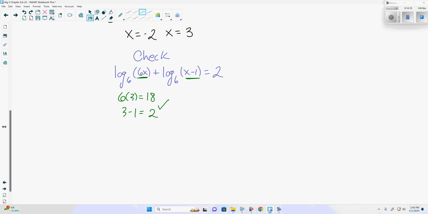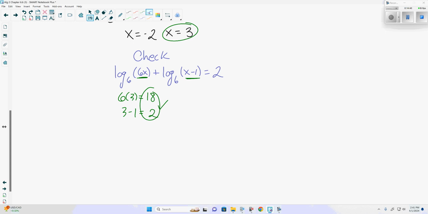Both of those are not 0 or negative, and they actually do work. Because here we did our steps correctly, so those should be our two solutions. This here is just verifying that x equals 3 is a solution, that it will not give us a 0 or negative inside the log.